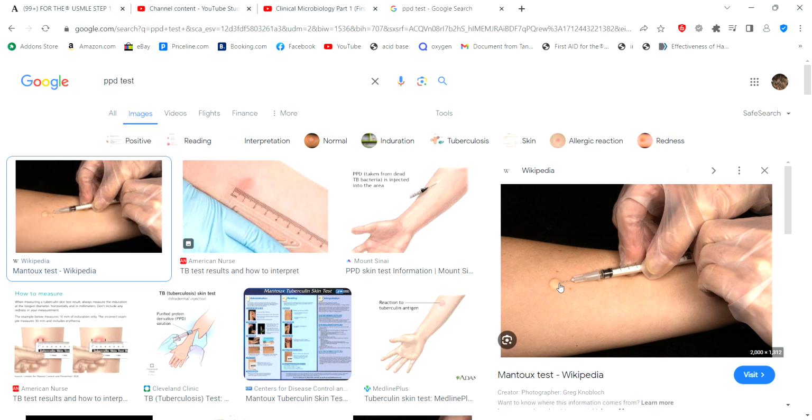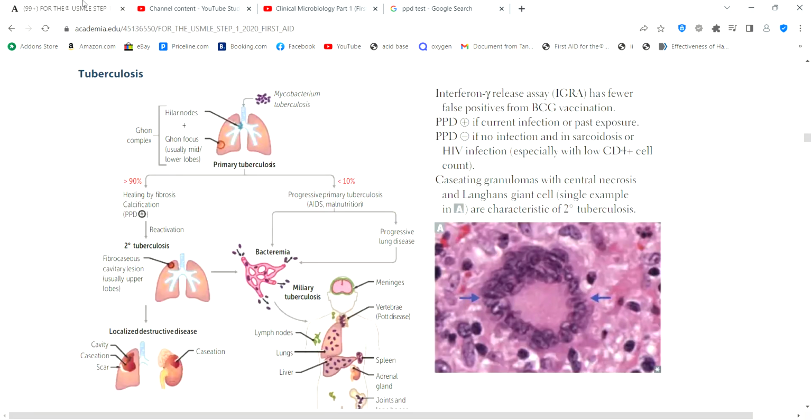So here we have caseating granuloma. Okay, we'll go back. We have caseating granuloma in TB, with central necrosis and Langhans giant cell. So this is an example right here. This is secondary tuberculosis, which is a reactivation tuberculosis.